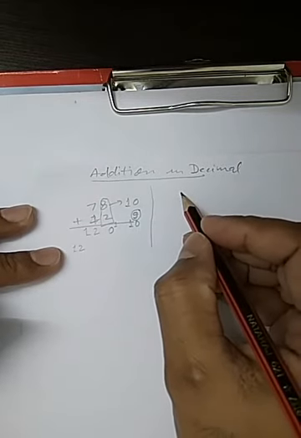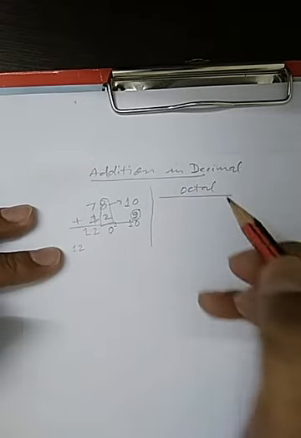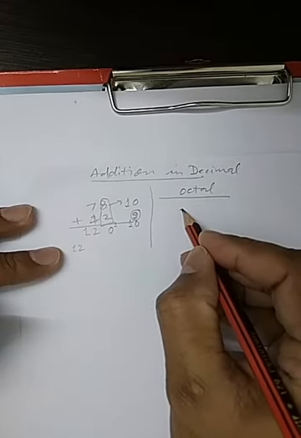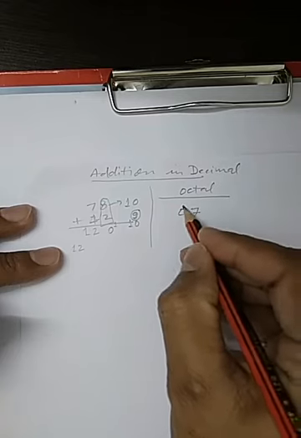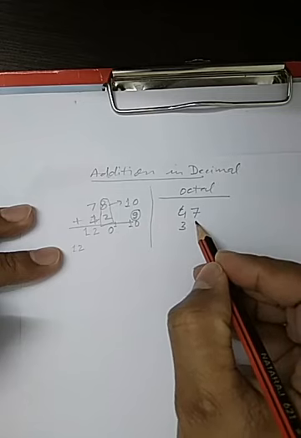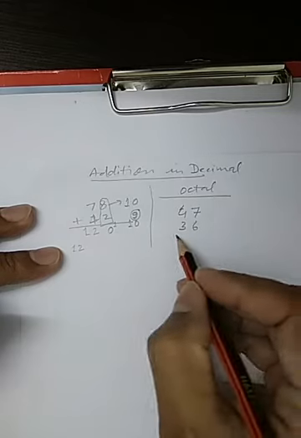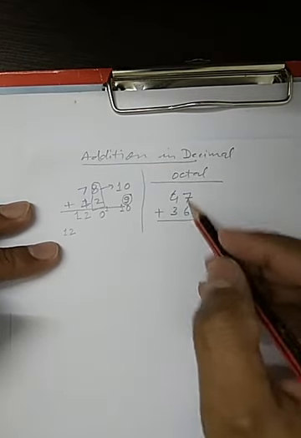If I add two numbers in octal number system, let us say I have the numbers 47 and 36. These are the two numbers in octal number system. I want to add them.